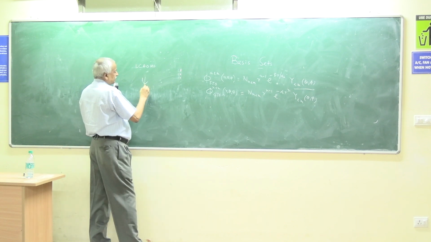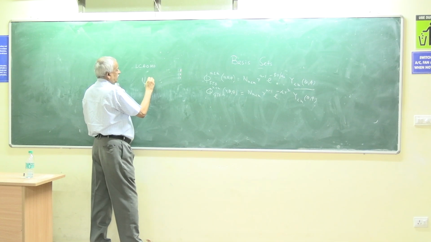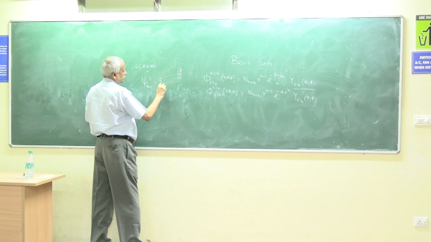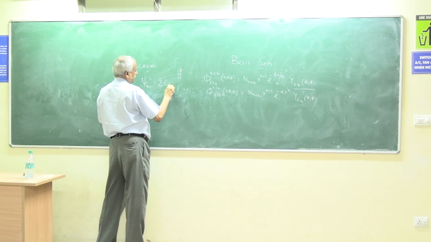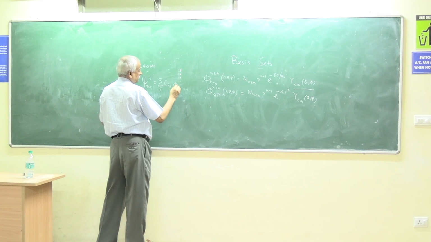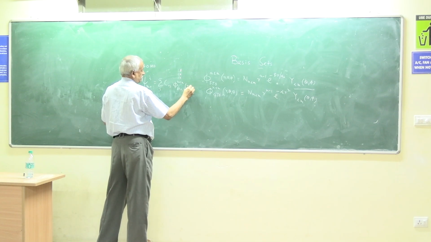So, your psi MO, let us say i, is the sum over j of c i j phi STO n l m j of r, theta, phi.